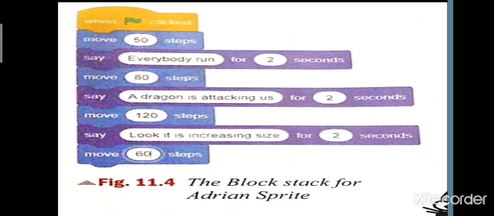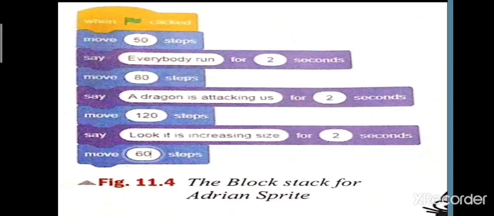Then move 80 steps. The sprite is going to move 80 steps, and it is going to say a dragon is attacking us, for 2 seconds. Then it is going to move 120 steps. As I have told you earlier, steps are very small. Okay, it is on the stage.